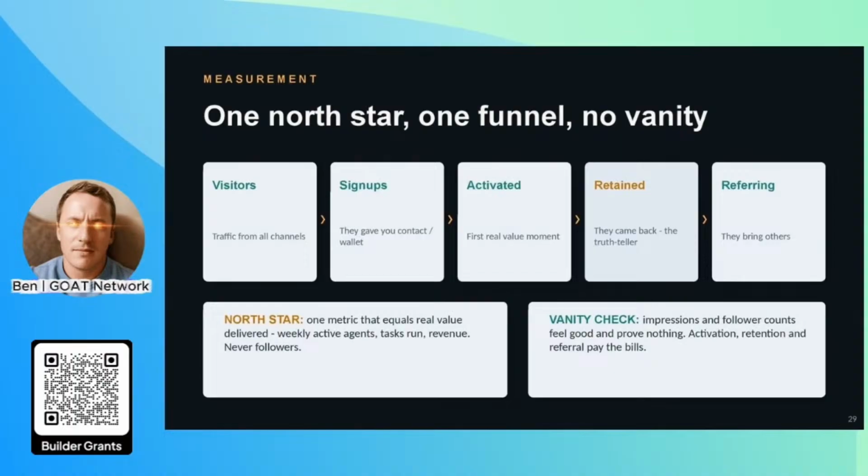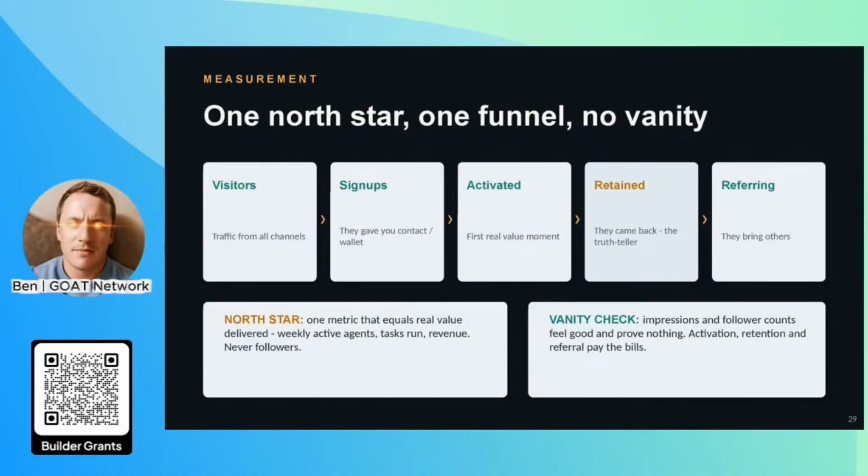So, measurement: one North Star, one funnel, no vanity. If you don't measure metrics around, say, your audience, you're guessing what's working and what isn't. So you just need to keep it simple. One North Star metric that equals real value delivered, with active agents, tasks completed, revenue.